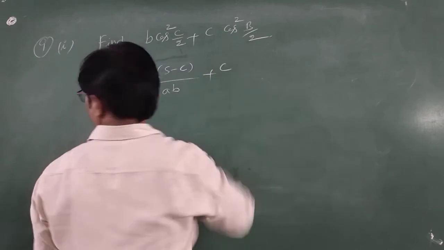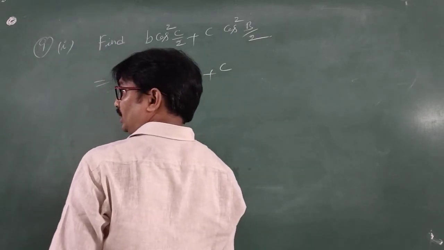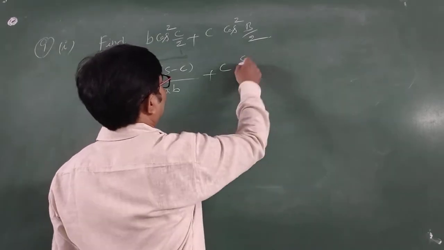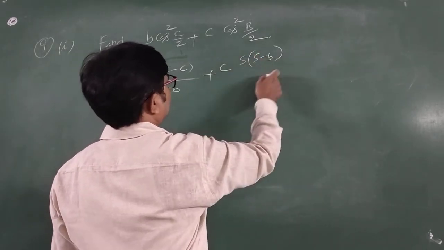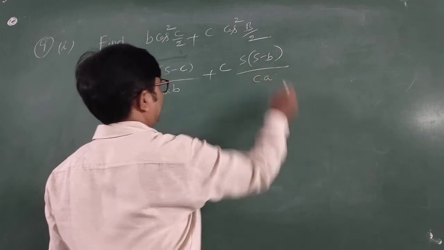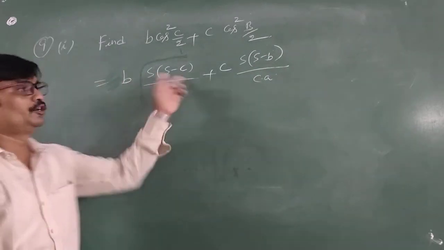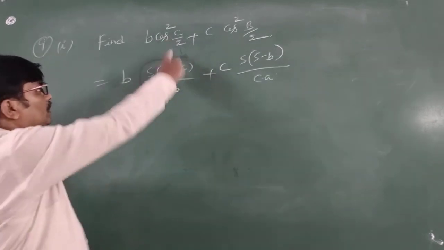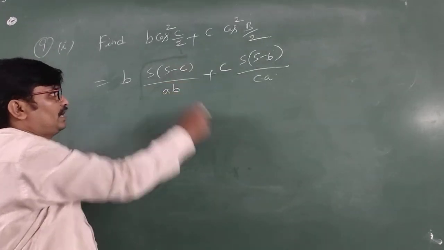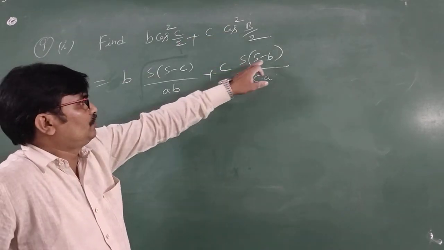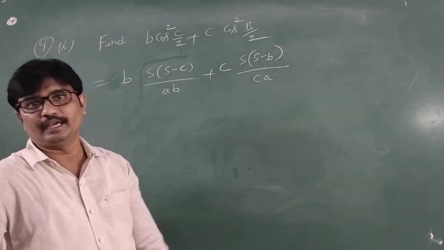Now students, this is c into, what is cos square B by 2? S into (s minus b) by ca. What is it, students? Cos square C by 2 is s into (s minus c) by ab. Cos square B by 2 is s into (s minus b) by ca.